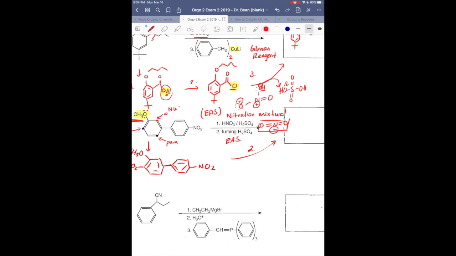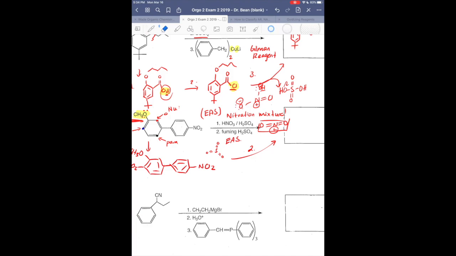So what we have is, I believe this is called sulfur trioxide. Correct me if I'm wrong, but that's our electrophile for this type of reaction.